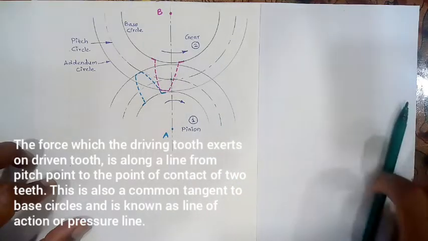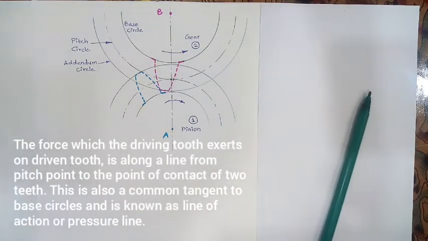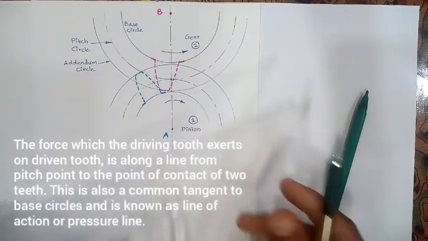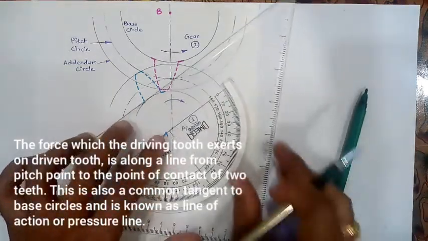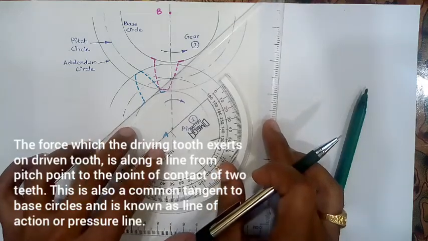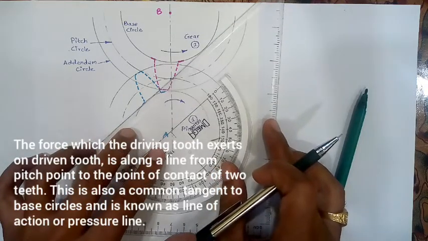Over here I am going to draw a line from the point of contact of the two teeth and passing through the pitch point, like this.